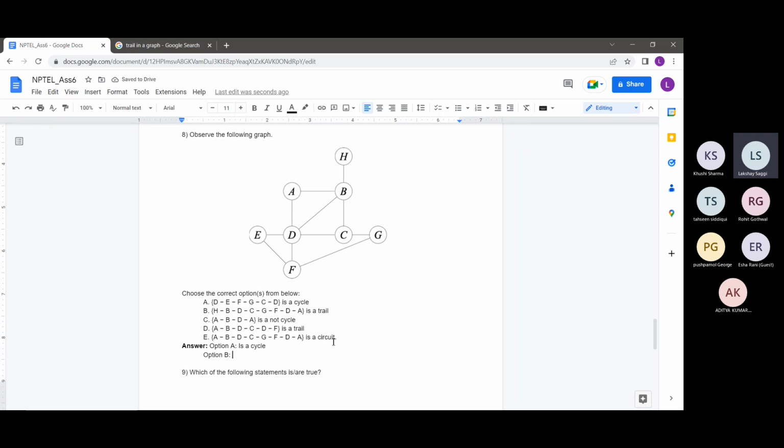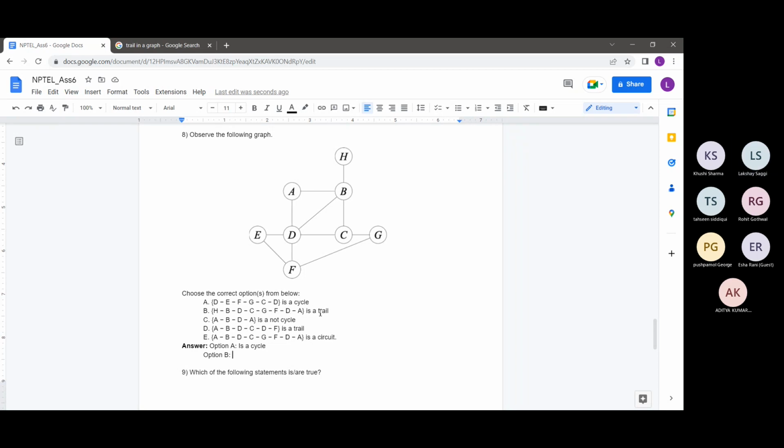Myself, I also only generally remember the definition of cycle and path, and other things I just Google.